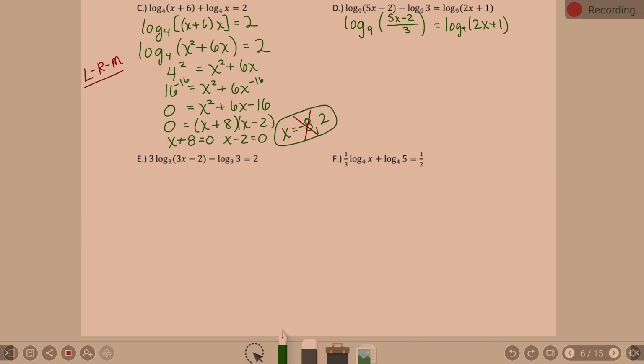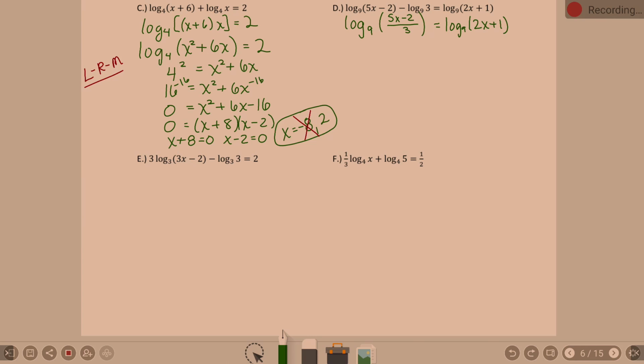Could you multiply each side by 3 to get rid of the denominator? Not yet. Left, right, middle. No, because you have log base 9 on the other side. If I have log base 9 on both sides, we can drop the log base 9s, and the inside has to equal the inside.